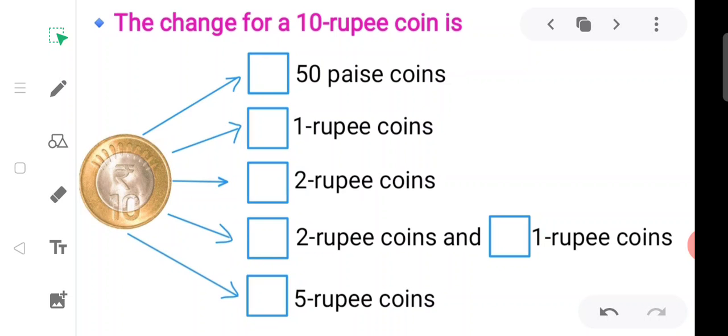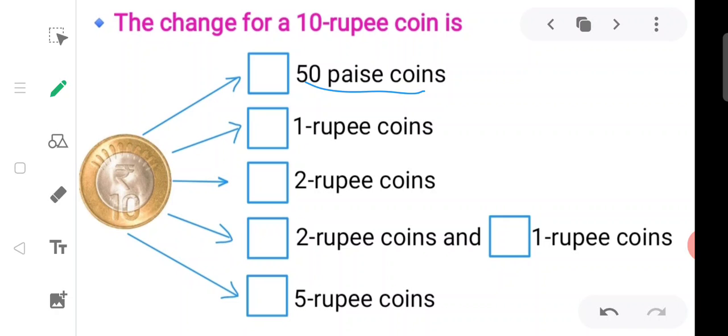The first one is the 50 paise coin. How many coins of 50 paise do we need for a change of 10 rupees? We just saw that we need 10 coins of 50 paise for 5 rupees.